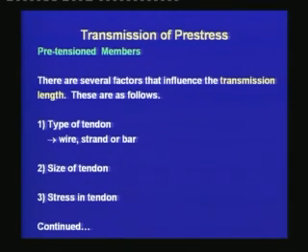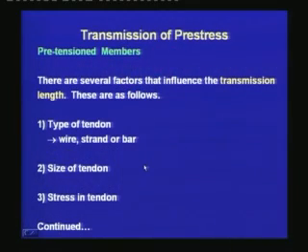The type of tendon, whether it is a wire, strand or bar, and we have observed earlier in the sketches that each of these tendons has a different type of surface deformation, and hence the transmission length is different for this type of tendons.